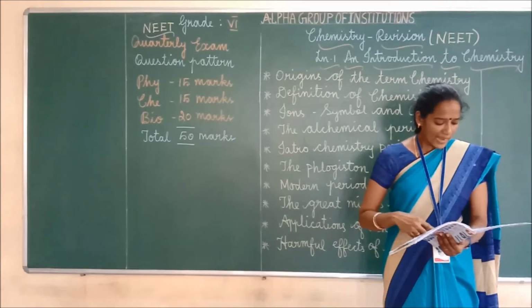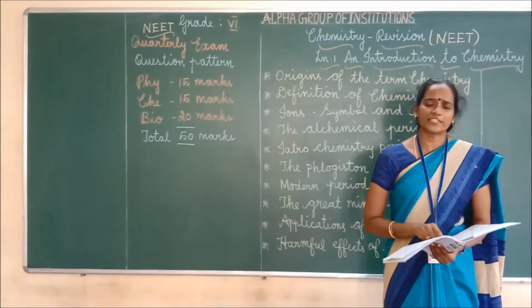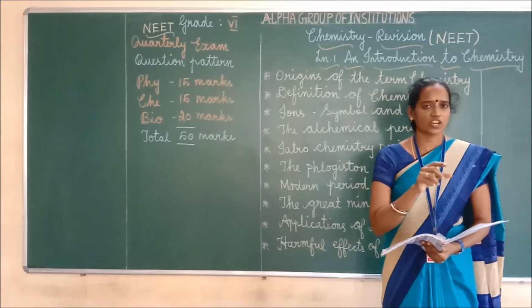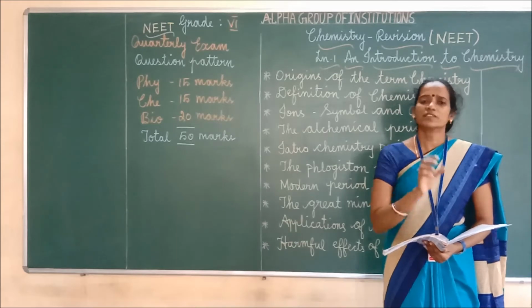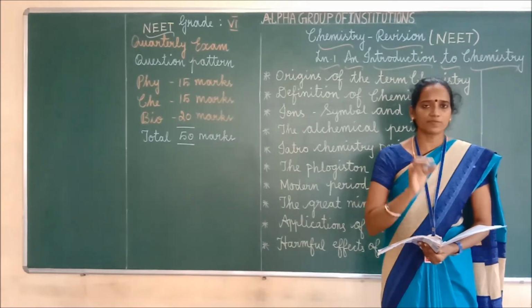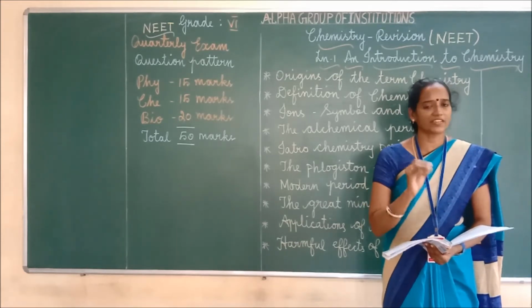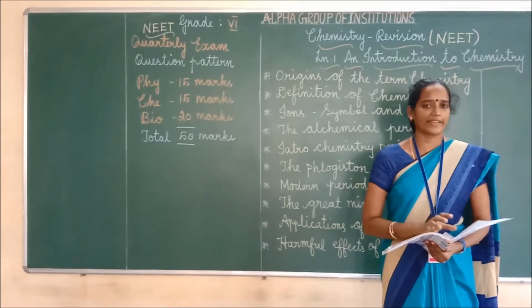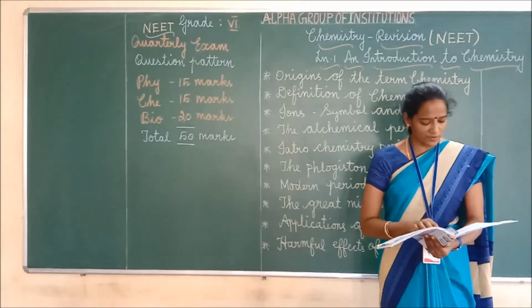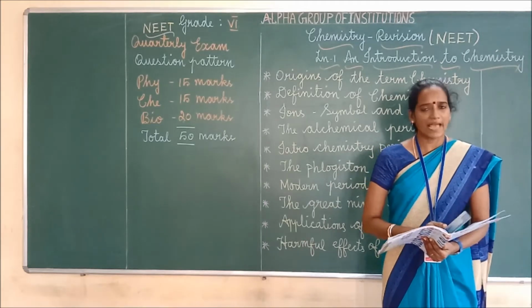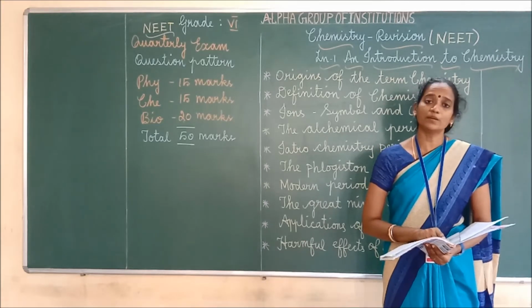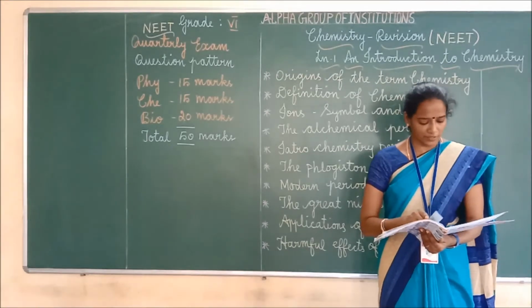Next one. Atom or group of atoms having a charge are called dash. Charge means it may be positive or negative. That is called ions. Atoms or group of atoms having a positive charge or negative charge are called ions. Next one, dash are the building blocks of matter. Atoms. Atoms are the building blocks of matter.